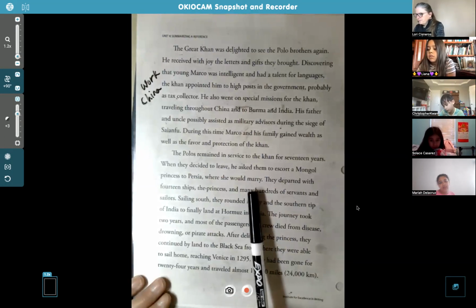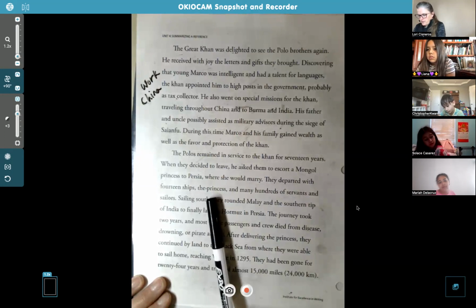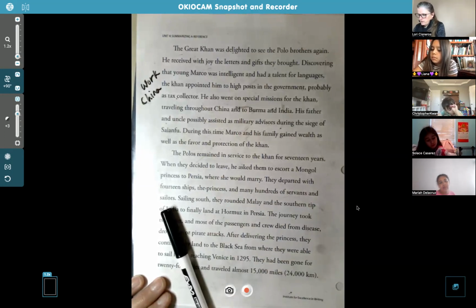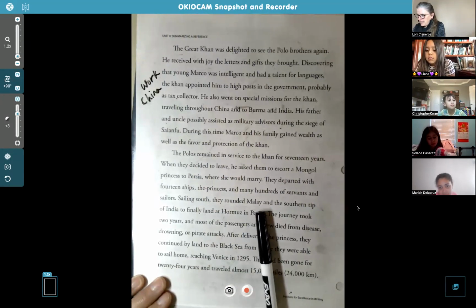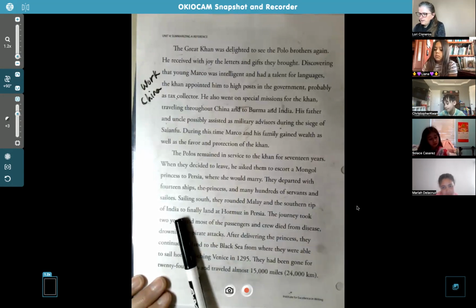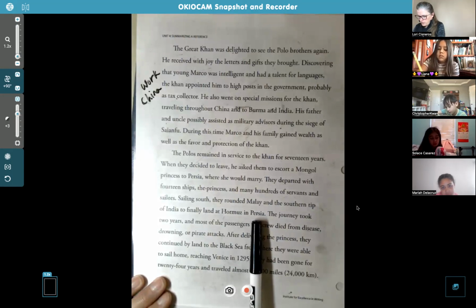They departed with 14 ships, the princess, and many hundreds of servants and sailors. Sailing south, they rounded Malay and the southern tip of India to finally land on Hormuz in Persia.